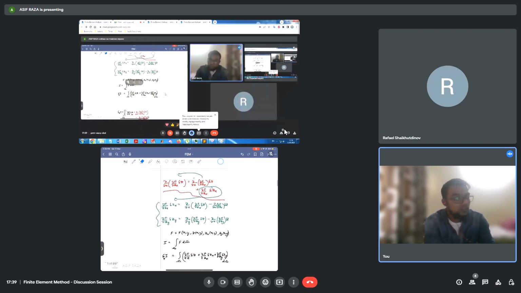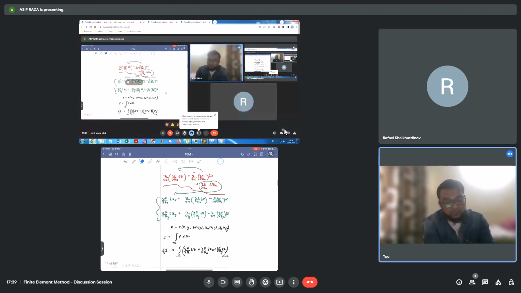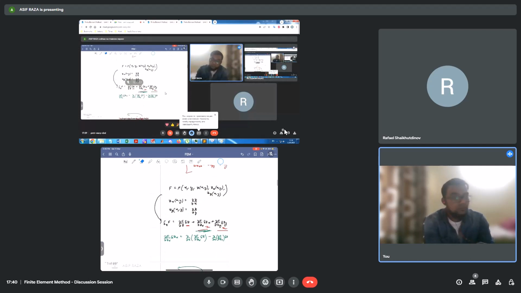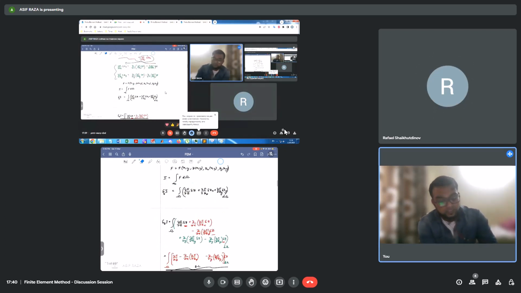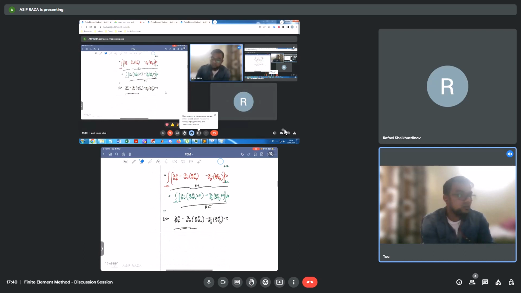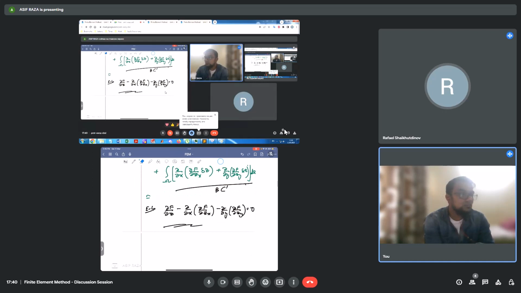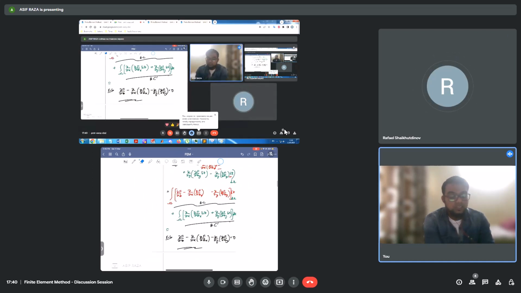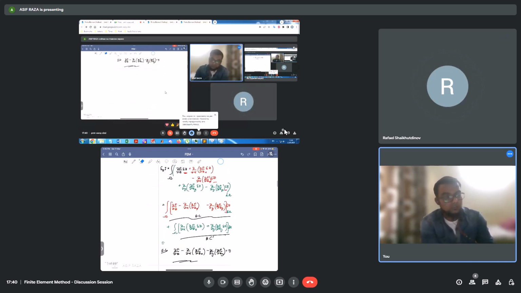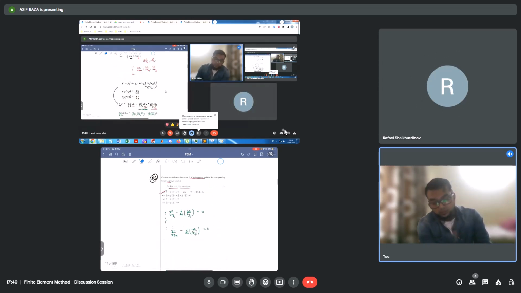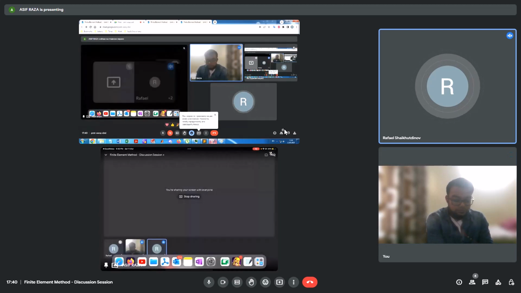This is the Euler-Lagrange equation for when we have more than one independent variable. This is how we solved it. As I told you earlier, I knew for sure what the Euler-Lagrange equation was coming out to be. So today I explained how it comes out.